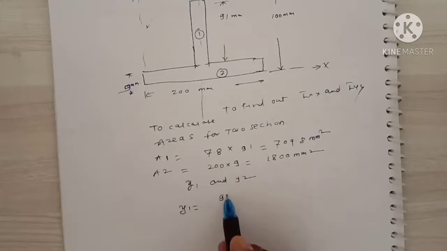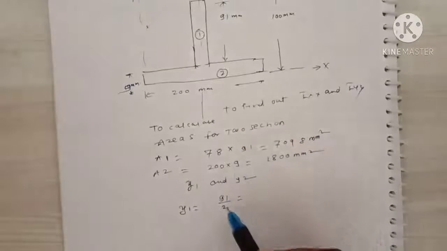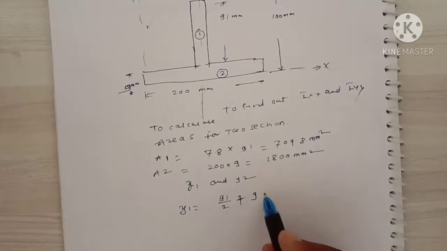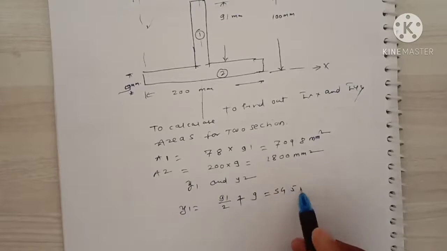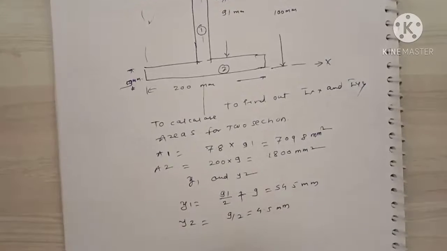Y1 is 91 divided by 2 plus 9, that will be equal to 54.5 mm. Then y2 is equal to 9 divided by 2, that is equal to 4.5 mm. We measure y1 and y2 distances from the reference axis x.